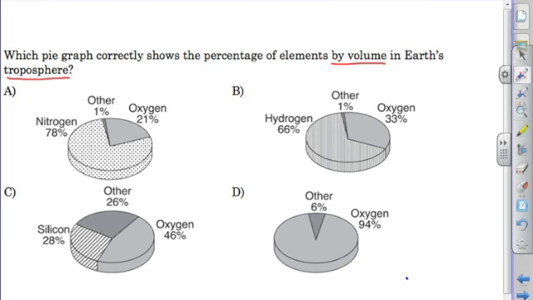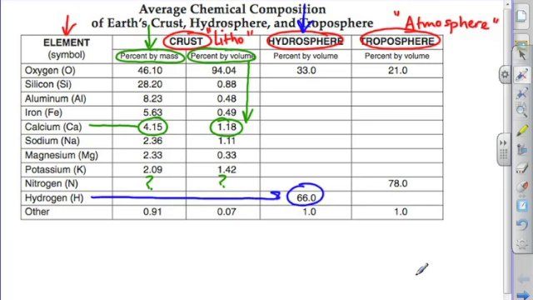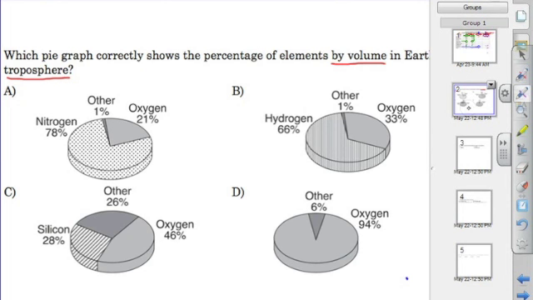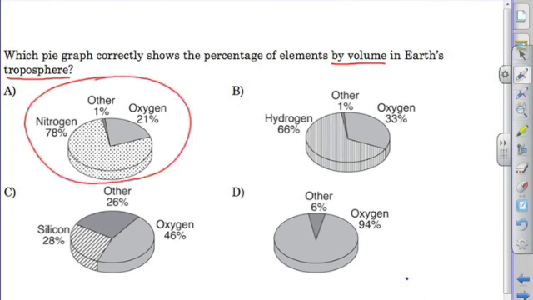Here is my troposphere column, percent by volume, and it looks like we're looking at 21% oxygen, 78% nitrogen, and 1% other. When I bounce back to my choices for that question, 78% nitrogen, 21% oxygen, and 1% other looks to me like choice A would be the way to go.